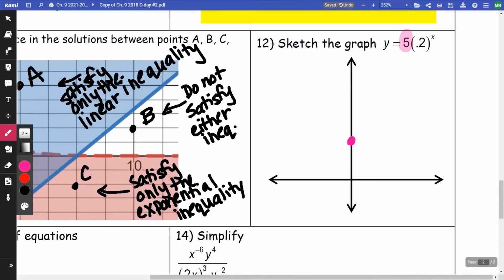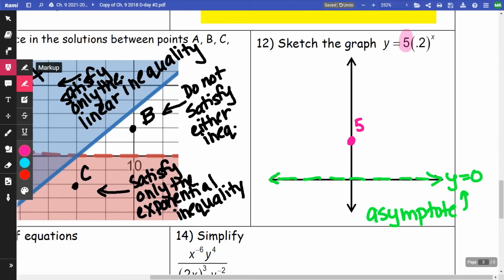I also know that these exponential graphs have asymptotes. For us, it's going to be on the x-axis, so that equation is y equals 0. And the way we spell asymptote, A-S-Y-M-P-T-O-T-E. So that's our asymptote there.